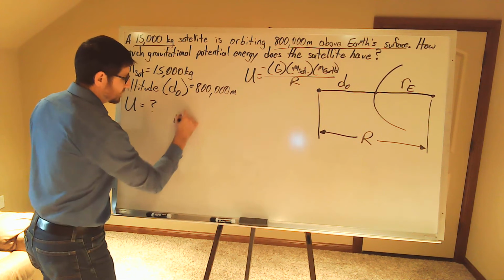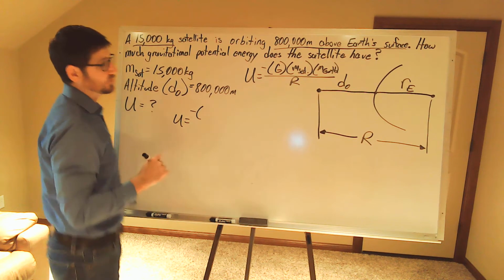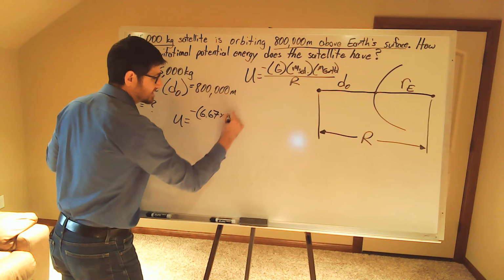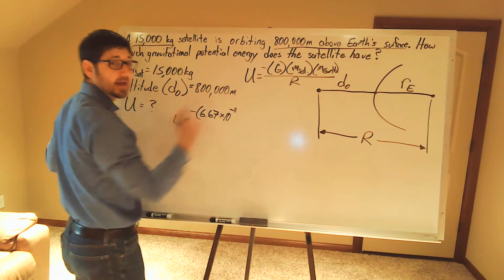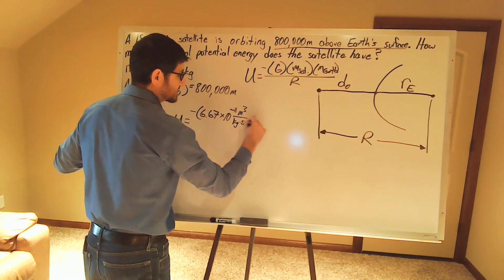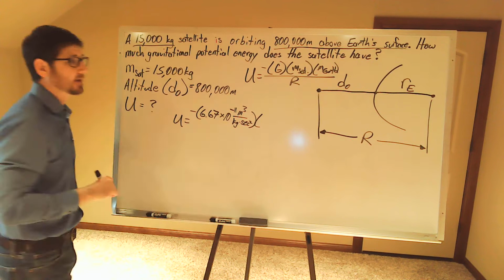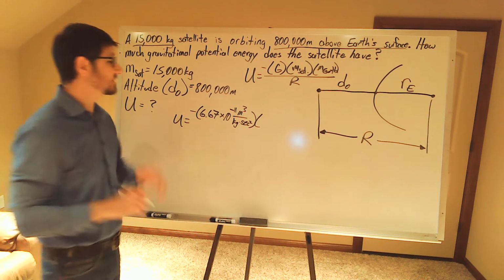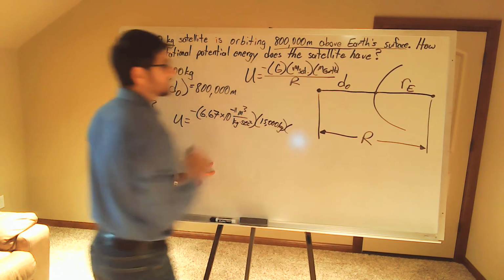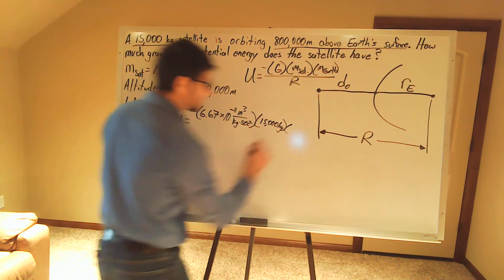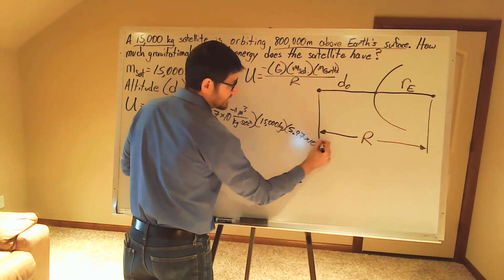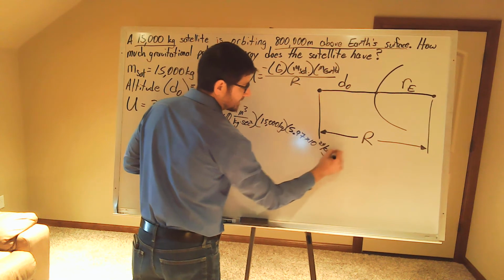So I have U is equal to negative. My universal gravitational constant is 6.67 times 10 to the negative 11th, and my units are meters cubed per kilogram second squared. We're going to multiply this by the mass of the satellite, which is 15,000 kilograms, and then multiply this by the mass of the Earth, which is 5.97 times 10 to the 24th kilograms.